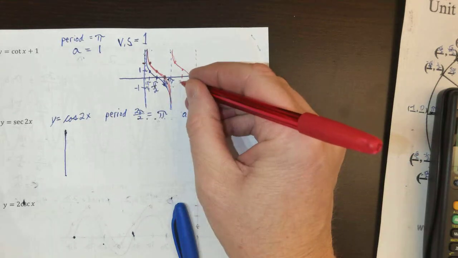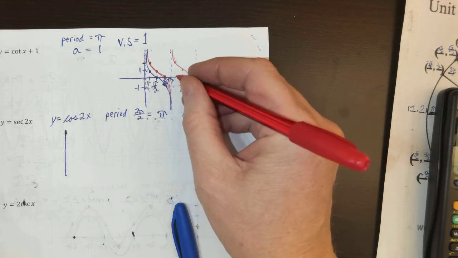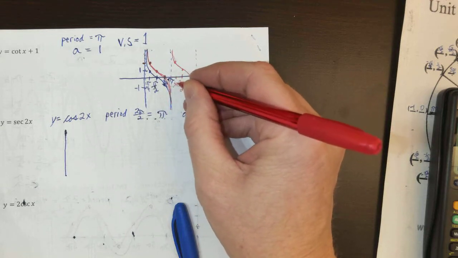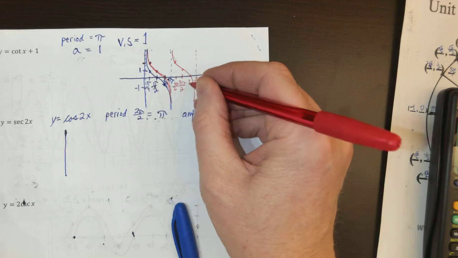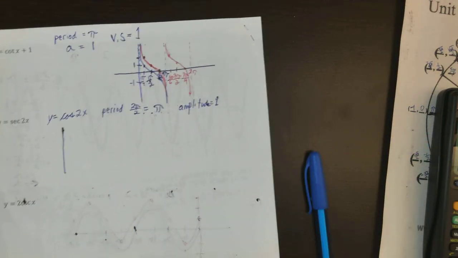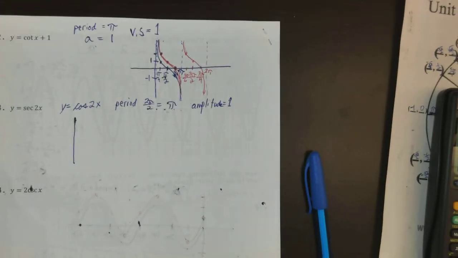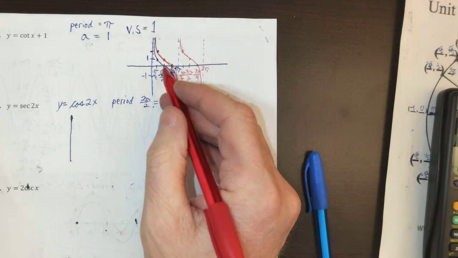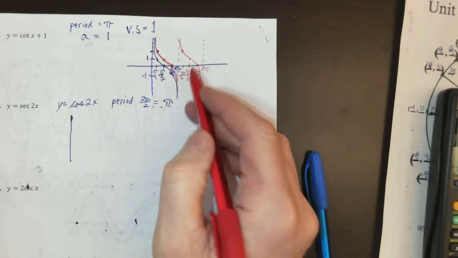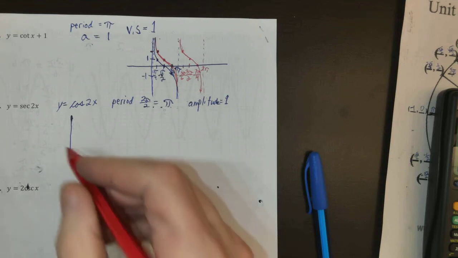So 2 pi, this is 3 pi over 2. 3 pi over 4, 4 pi over 4. This is 5 pi over 4, 6 pi over 4, this is 7 pi over 4. Forgot to make a second period, just like I did on the previous problem. So just keep that in mind. That's 2 periods of the graph. And we don't need to shift it twice. We just rewrite that version there.